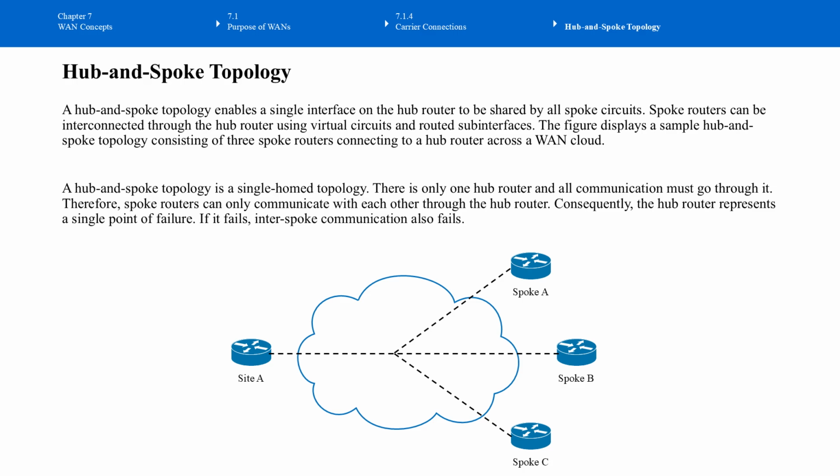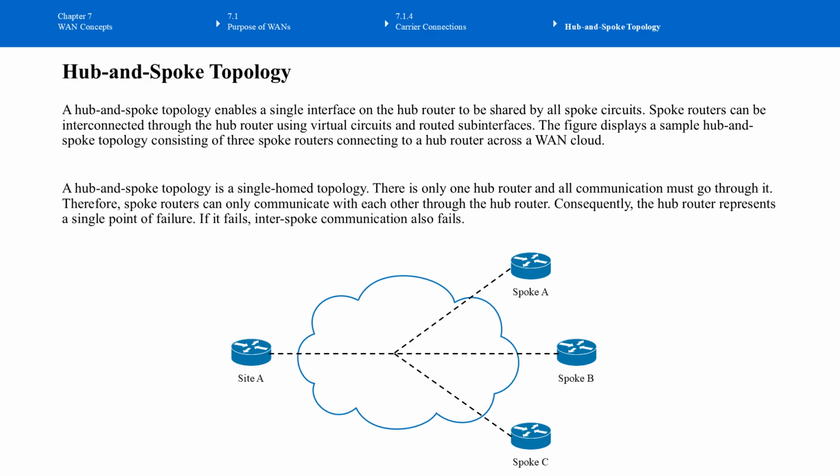A hub-and-spoke topology enables a single interface on the hub router to be shared by all spoke circuits. Spoke routers can be interconnected through the hub router using virtual circuits and routed subinterfaces. The figure displays a sample hub-and-spoke topology consisting of 3 spoke routers connecting to a hub router across a WAN cloud.